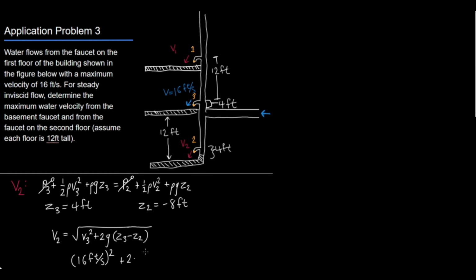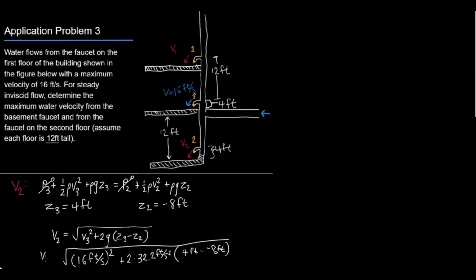We are in feet, and so gravity is 32.2 feet per second squared, quantity times Z3 minus Z2, which is going to be 4 feet minus negative 8 feet. So that will turn into a positive, but we'll resolve that in just a moment.